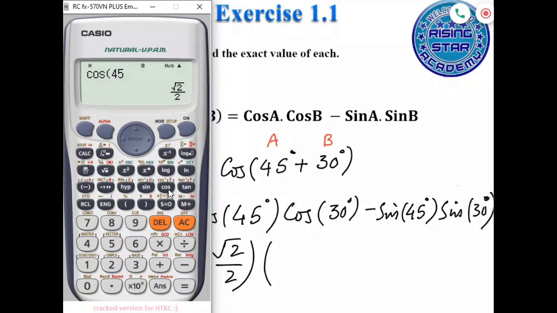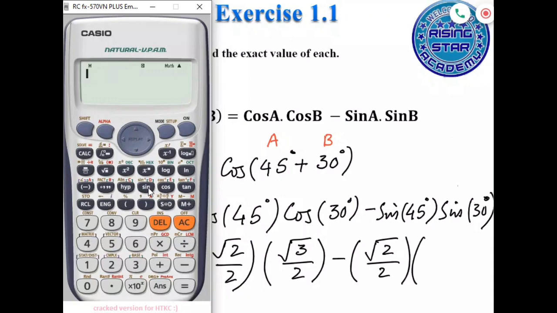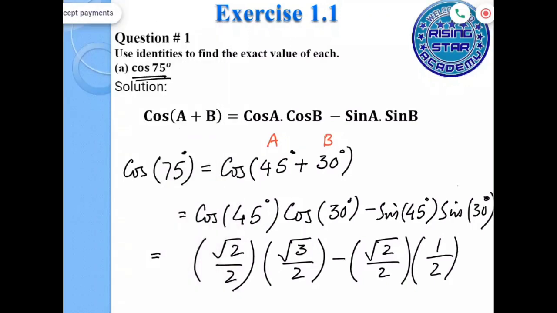Then we will find the value of cos of 30 degree, that is square root 3 over 2, minus, now we will find sine of 45. So sine 45 is again square root 2 over 2, and then we will find sine of 30, that is 1 over 2. Now in the next page we will multiply these values and simplify.